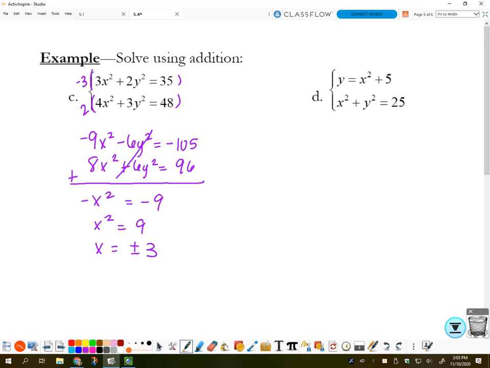My point is you have 4 solutions, which is what we're going to get here, because we have 2 different x's. So we've got to plug the 2 x's in and get 2 different y's. So if I plug in a +3, I'm going to get, this is 9 times 3, so 27.